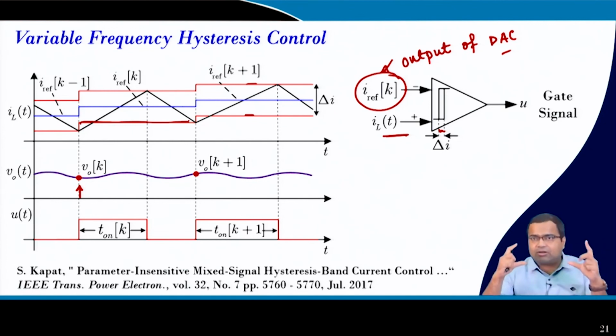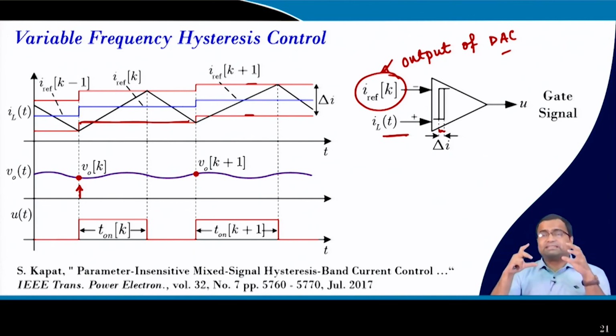That means, in analog hysteresis control we saw the actual current ripple is smaller than the hysteresis band because of sensitivity due to the gain, the controller gain. I think in the 4th week, or 3rd week, I believe, we discussed in detail hysteresis control, where we saw for analog hysteresis control, your hysteresis band is higher than the inductor current ripple.